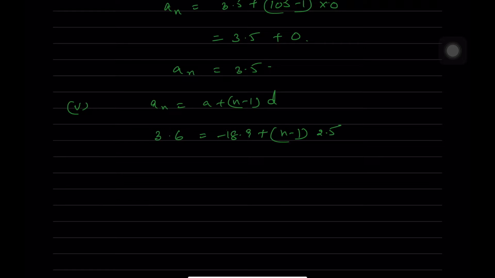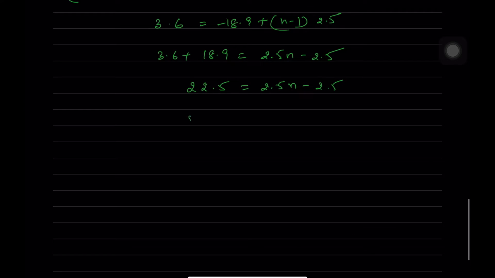So here you will be getting it as 3.6 plus 18.9 is equal to 2.5 n minus 2.5, which is equal to, here you are getting it 22.5 is equal to 2.5 n minus 2.5, or you can write this as 22.5 plus 2.5 is equal to 2.5 n, that is 25 is equal to 2.5 n, or n is equal to 25 divided by 2.5.